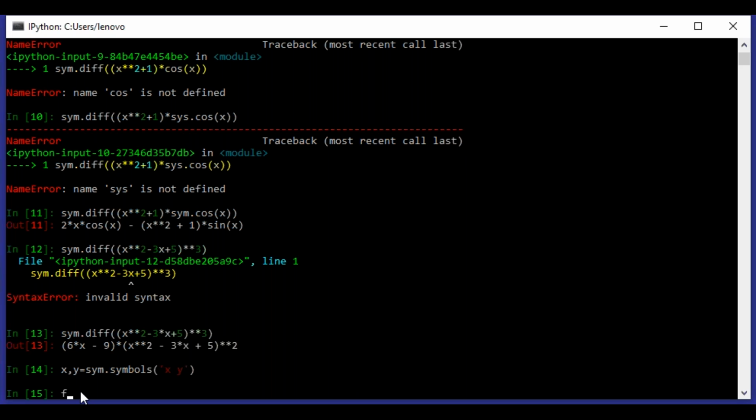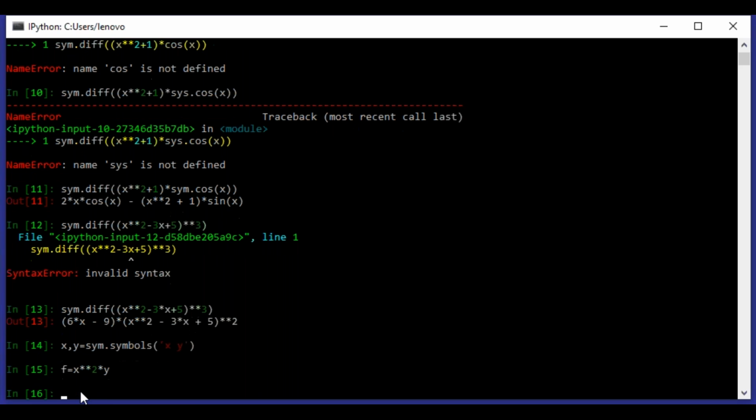Here we can consider the function x squared y, therefore f equal to x squared into y.